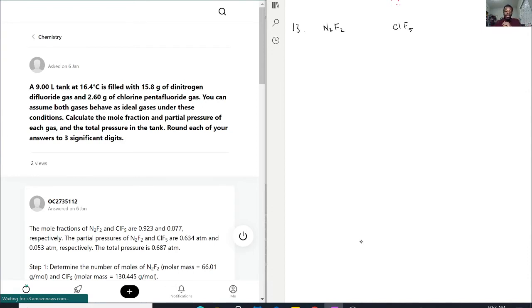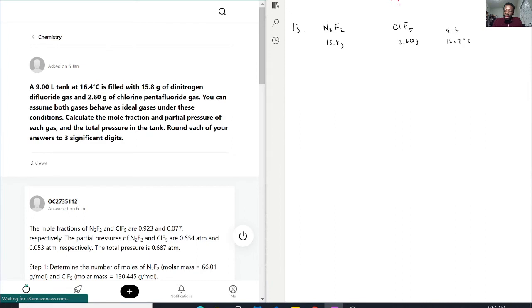Now, let's write down also the information. We have 15.8 grams and 2.60 grams, and we know it's a 9-liter tank. And we know right now the temperature is 16.4 degrees Celsius. So, that is all the information that they've given us.